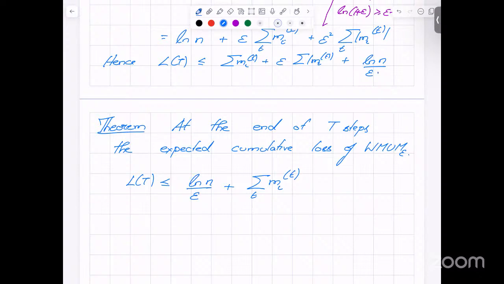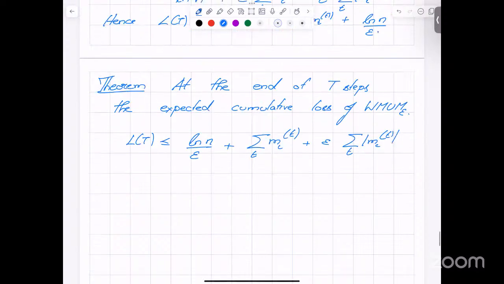That's the loss of the ith expert. And it came with the constant 1 in front of it. That's our most important thing. Plus, there's an epsilon times, for any expert.